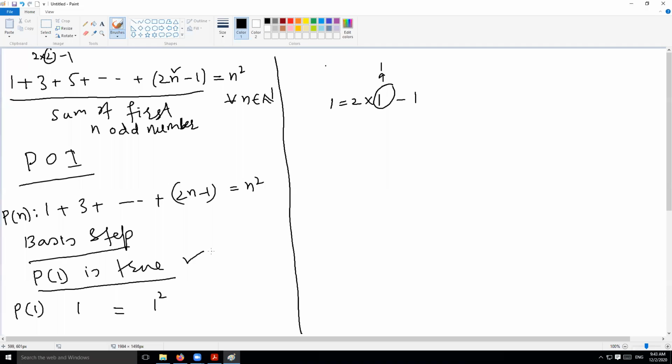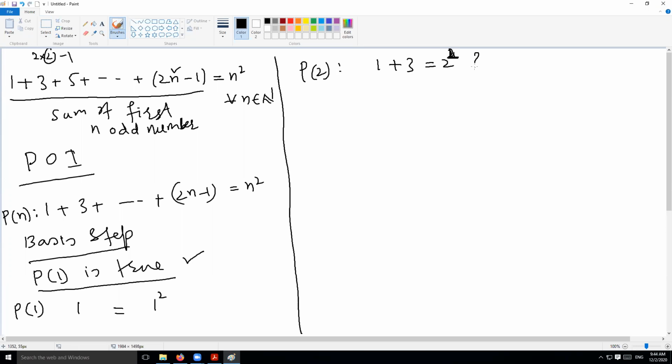This is really a trivial example in which you don't have any complication, but to have more clarity, let's think about P of 2, the statement P of 2. By P of 2, I mean take the first 2 odd numbers and see whether their sum is equal to 2 square or not.